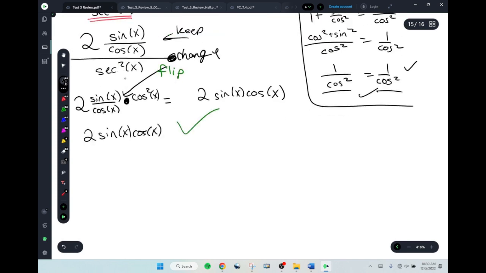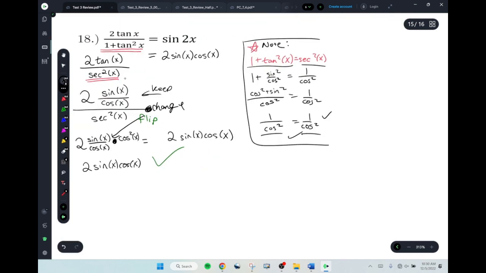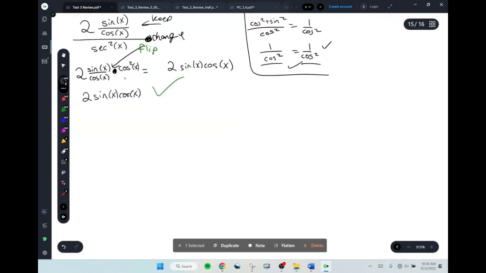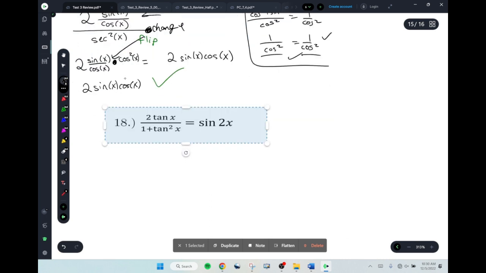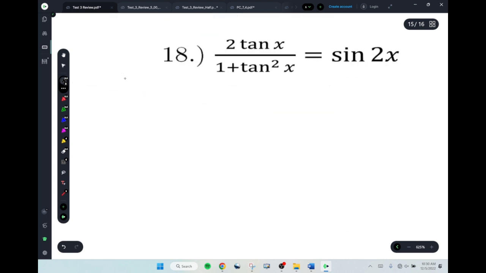Let me copy this real quick. Here's what I would do. If you're struggling and you want to get this one right, and you're already done with your test, take it again, and you know what tangent turns into? Sine over cosine.